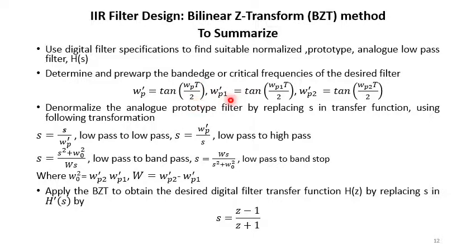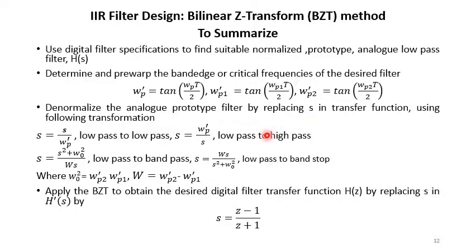In the case of the band pass filter or band stop filter, we will have two band edge or critical frequencies, cutoff frequency 1 and cutoff frequency 2, which are represented by omega prime p1, equal to this one, and omega prime p2, equal to this one.